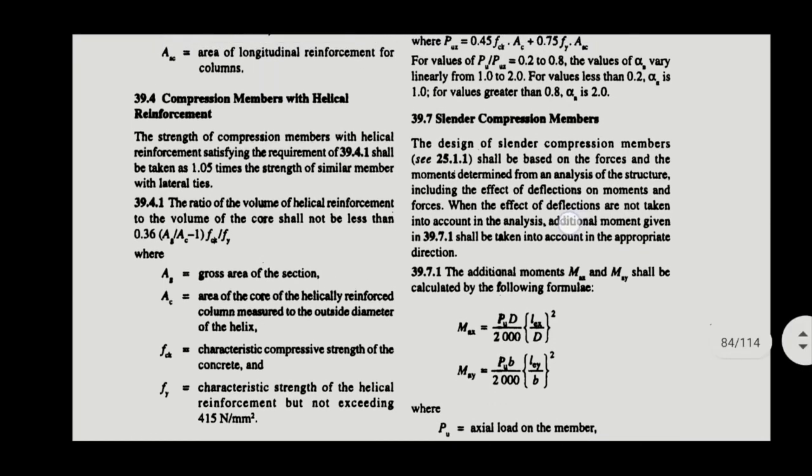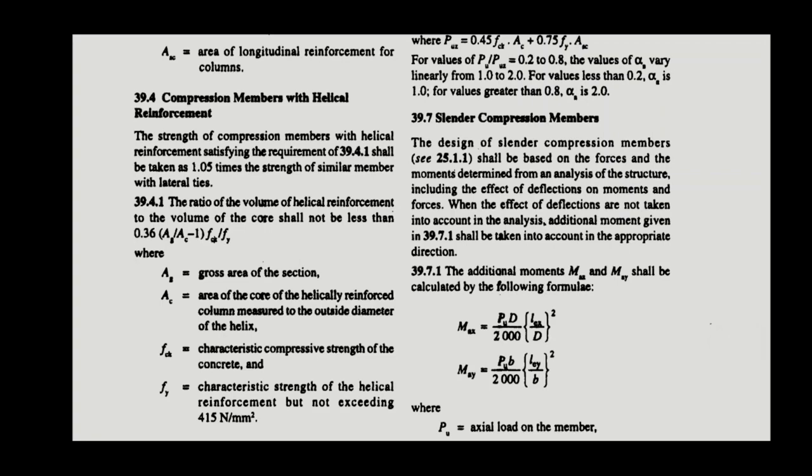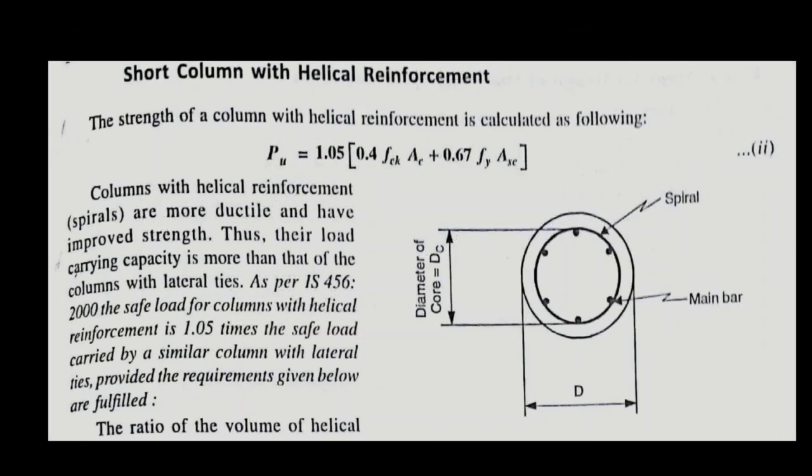Okay, so let's check the notes. The strength of a column with helical reinforcement is calculated as follows as per clause number 39.4. Pu is equal to 1.05 into (0.4 fck Ac plus 0.67 fy Asc), as I said earlier.